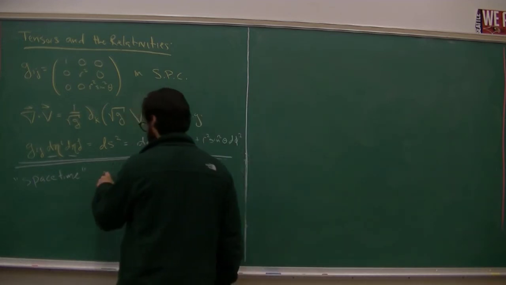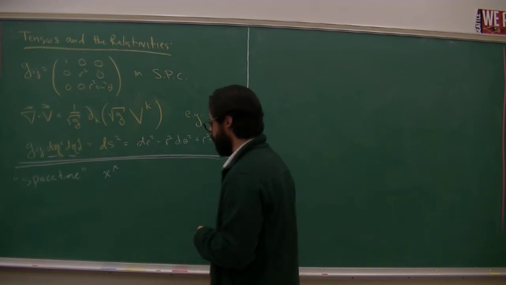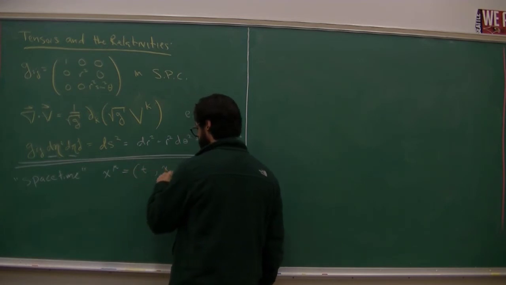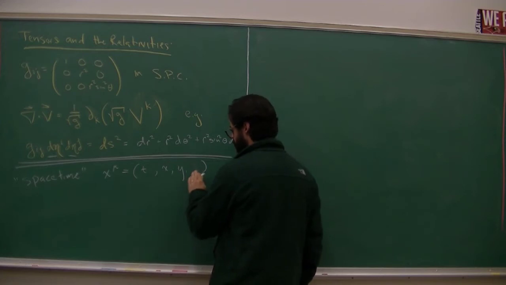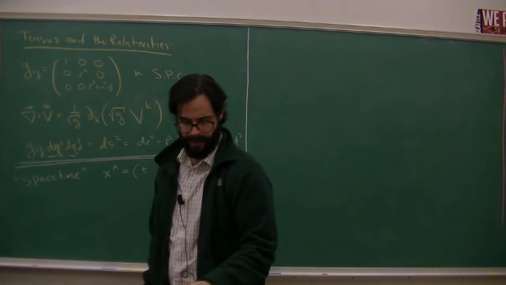And what I should do is talk about events in space-time with a 4-vector. So this is a location in space-time, and it is the time, the x, the y, and the z coordinates, if we just stick to Cartesian for now. We'll do non-Cartesian in a second.